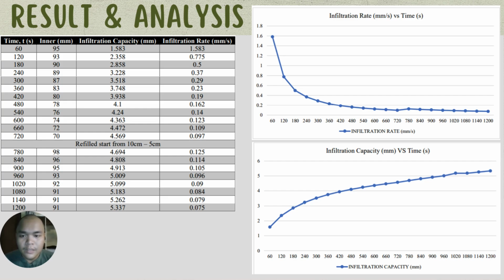That's why the infiltration rate keeps decreasing for another 60 seconds until it reaches a constant value. So when the infiltration rate versus time is decreasing, we can say that the infiltration capacity versus time will be increasing.